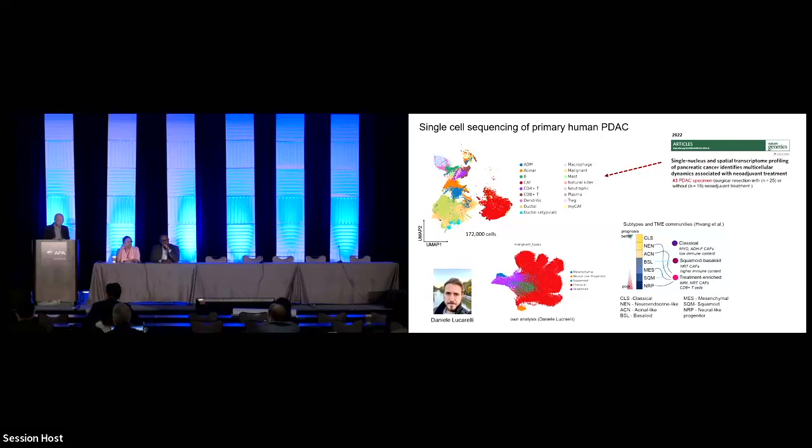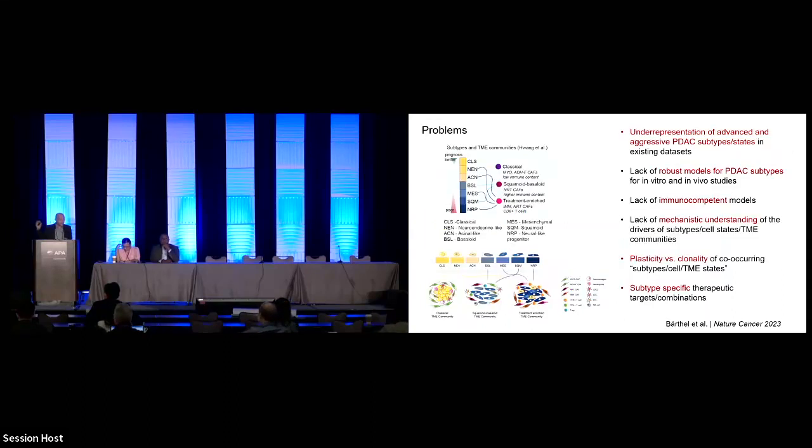Only one patient, for example, harbored this neural-like progenitor state. And that of course limits our understanding of the disease a lot. Therefore, I wanted to come up with the problems we have with pancreatic cancer and the limitations.